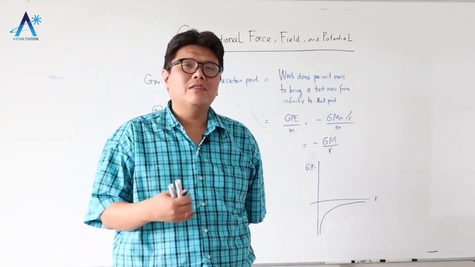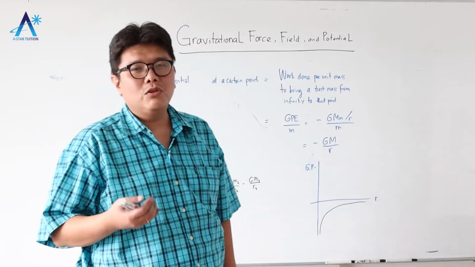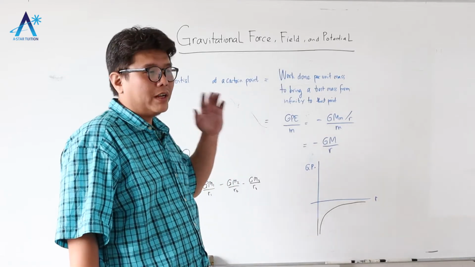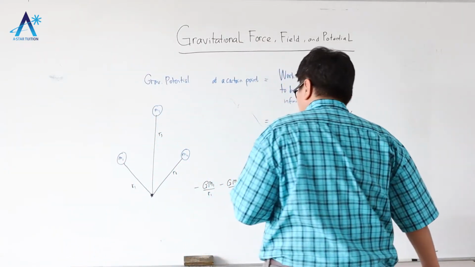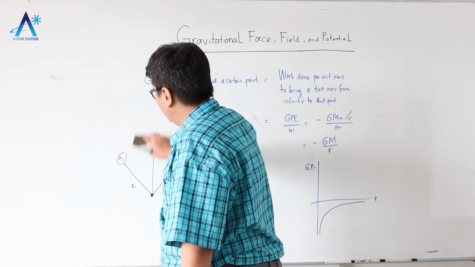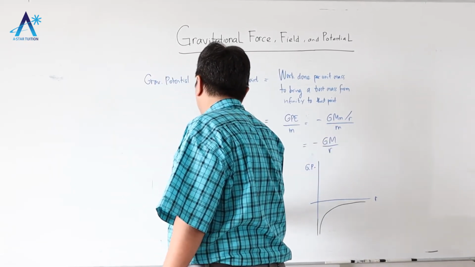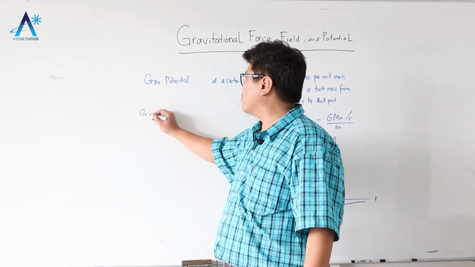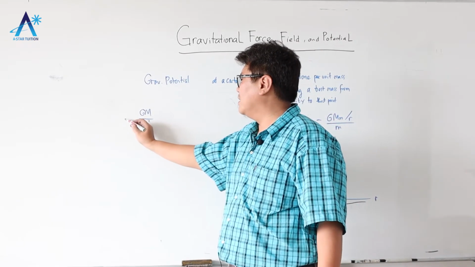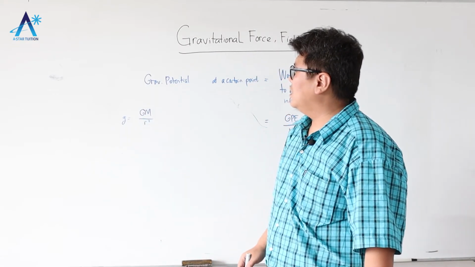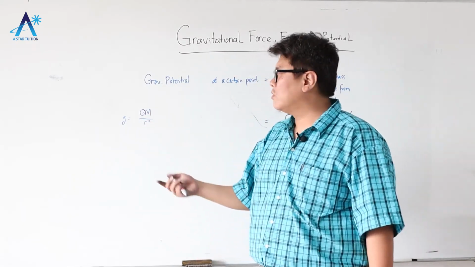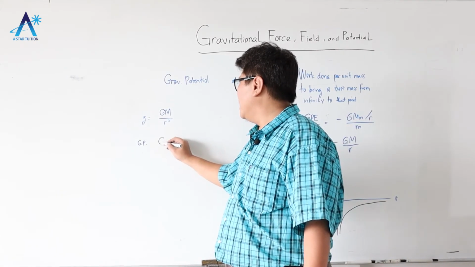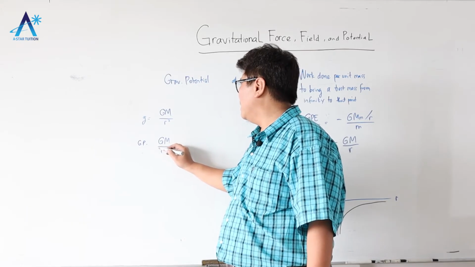I also want to point out that there is a relation between gravitational potential and gravitational field strength, yeah. So what is the relationship? If you look at the formula GM over r squared, this is the gravitational field strength due to capital M as the source mass, and then you have gravitational potential, which is GM over r.